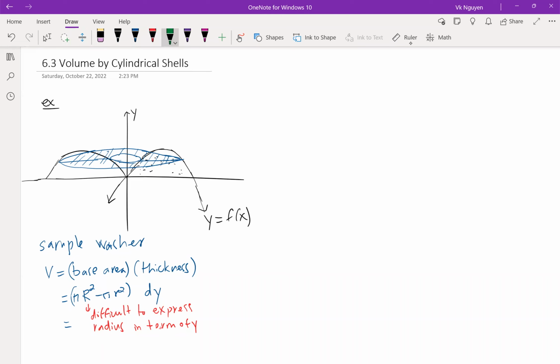Draw this stripe instead, and when we rotate it about the y-axis, we're going to get a shell or a ring.